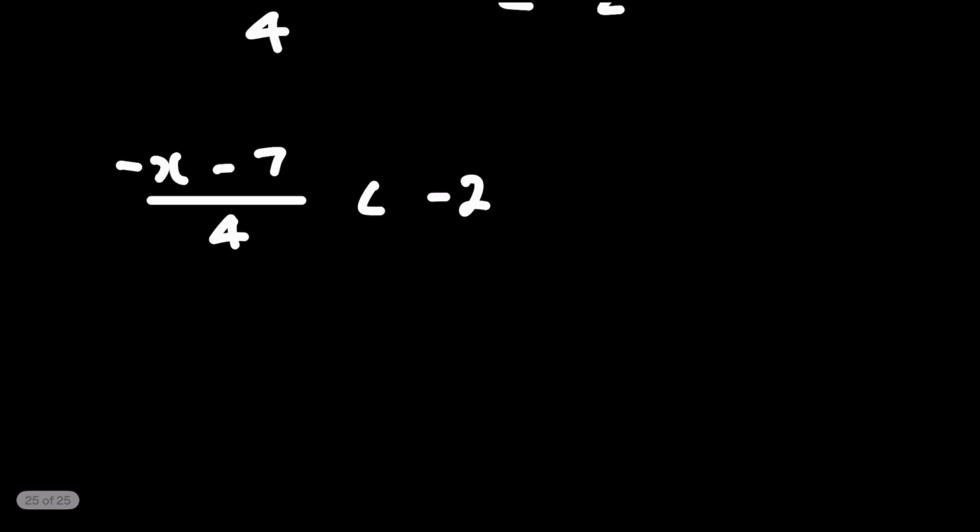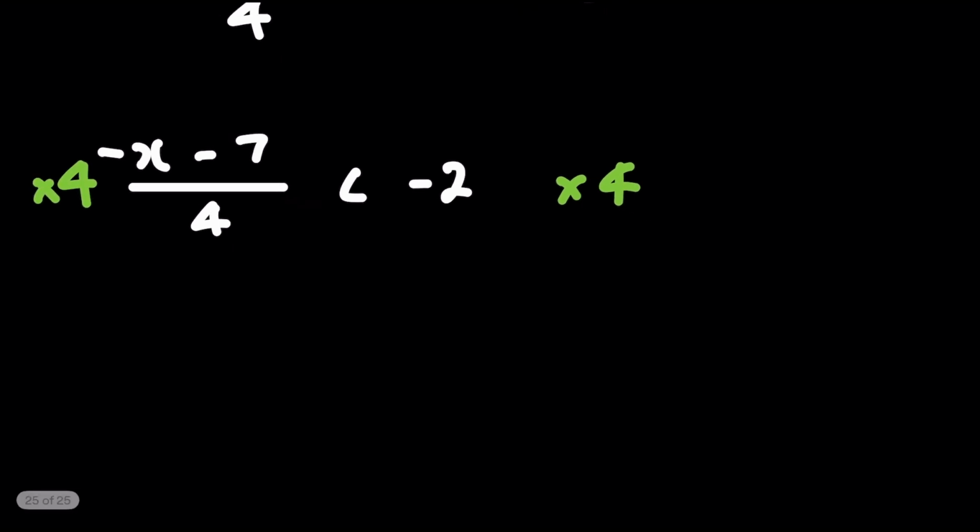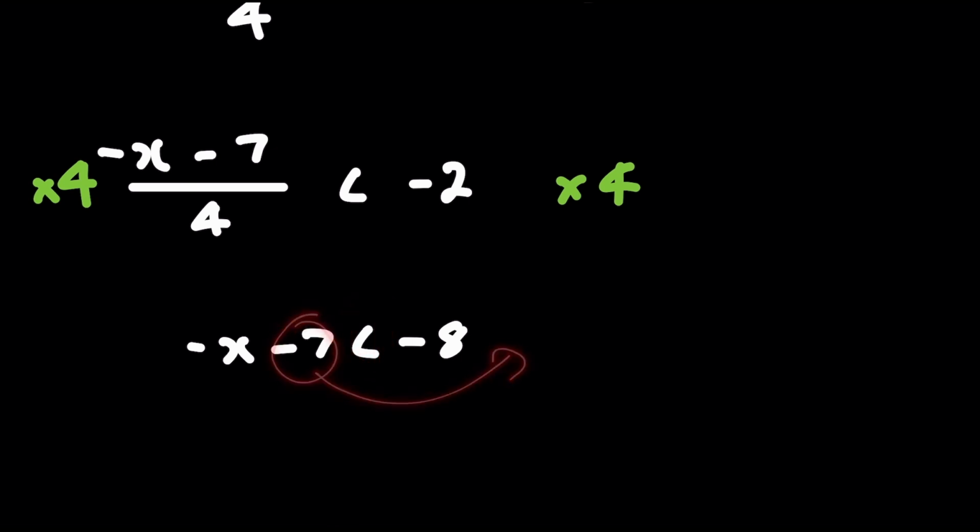To get rid of the 4 on the bottom, I can times both sides by 4. And so if I do this, I'll have minus x minus 7 is less than minus 8, my apologies. And to move the minus 7 across, I can add 7 to both sides.